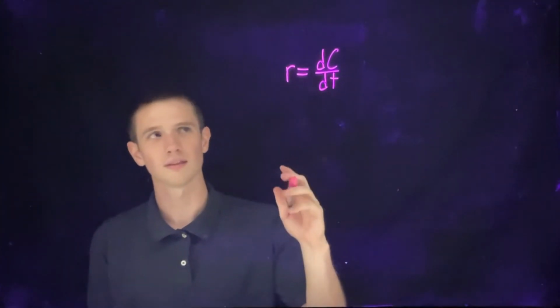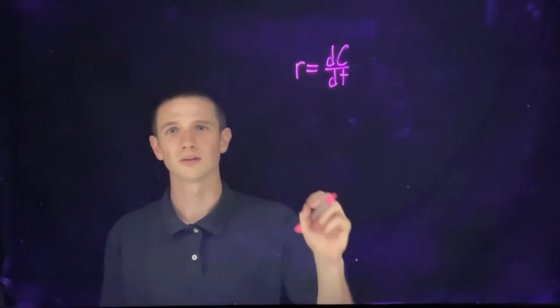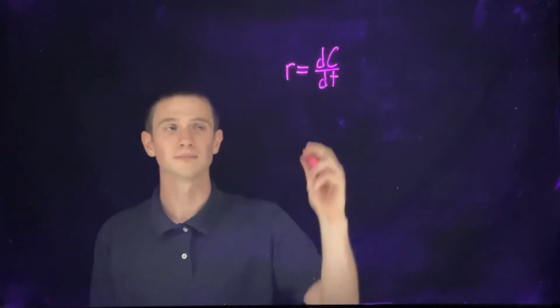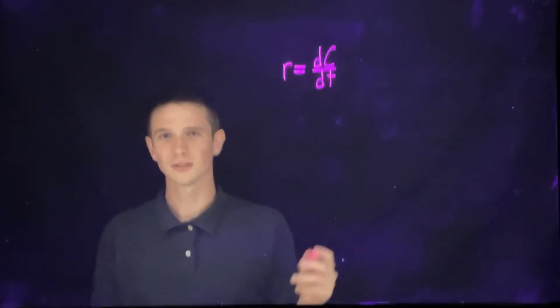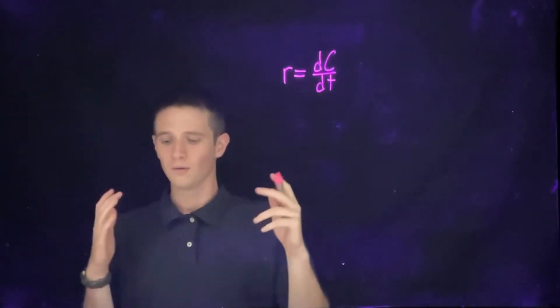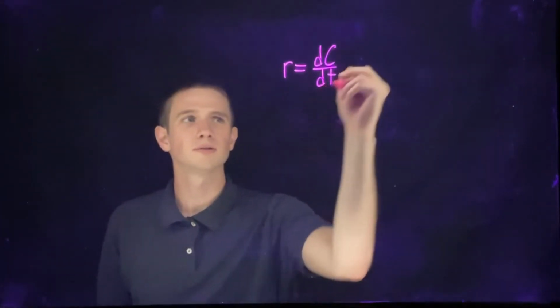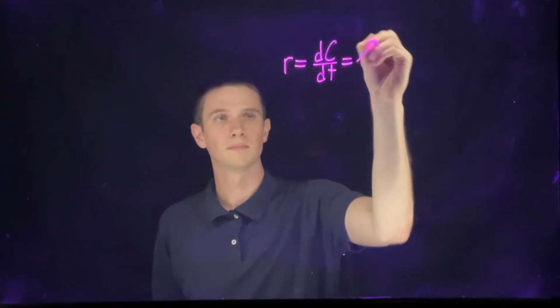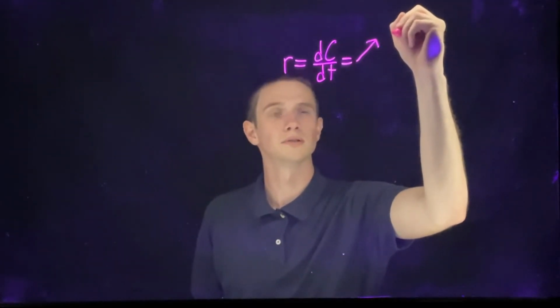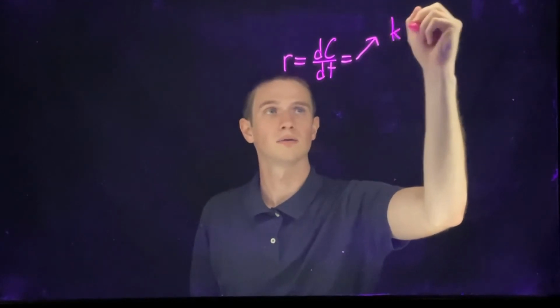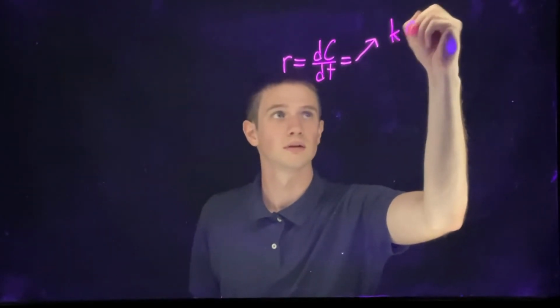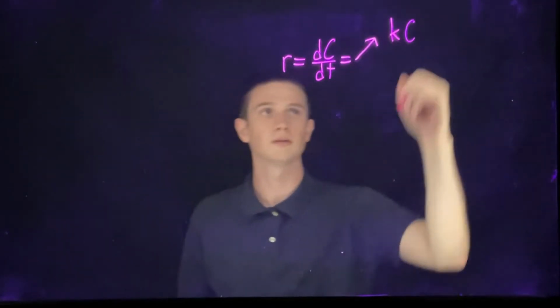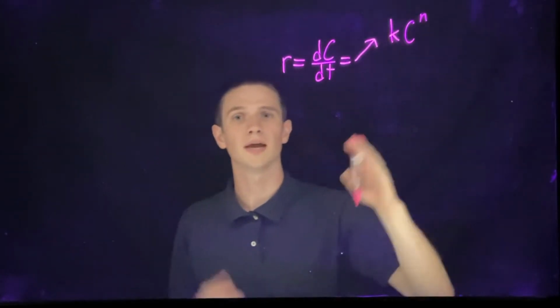So we said that the R term, part of our reaction term, is just the change in concentration over the change in time. Well, there's also another thing it equals. R equals K, which is some constant, times our concentration to the nth power.